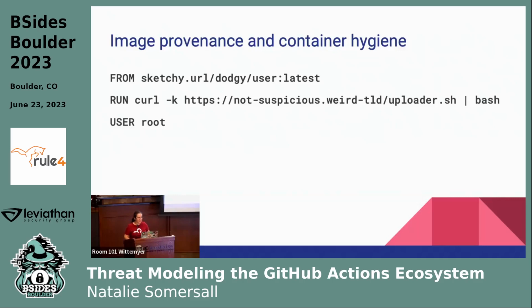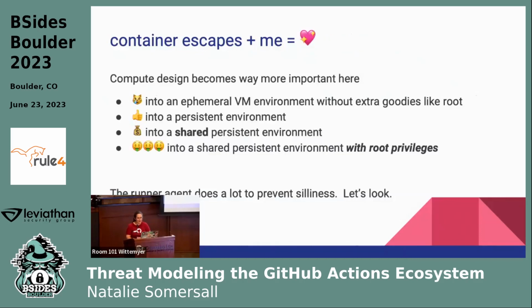However, that's not the world we live in. And we're going to pipe it straight to bash. Yes, we're going to YOLO that. And then lastly, we're going to run it as root. So those are my top 3 things that I look at when I look at container files. But the TLDR here is that your basic container hygiene is still important.